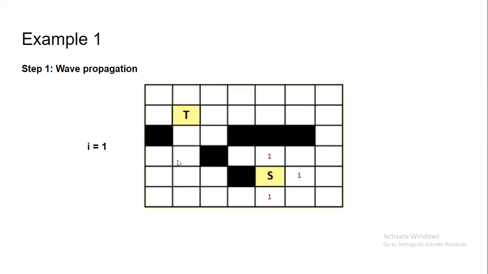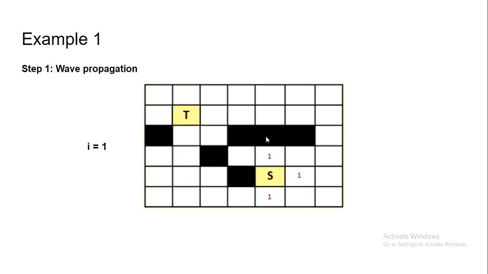Okay, then at i equals 2, what will happen? As I have said, calculating 2 Manhattan distance from the source is somewhat difficult. What we can do is go 1 Manhattan distance from the level 1 blocks. So from a level 1 block, again follow left, right, up, down.